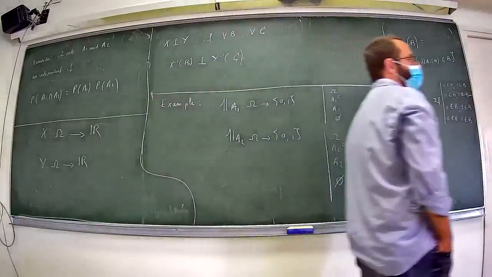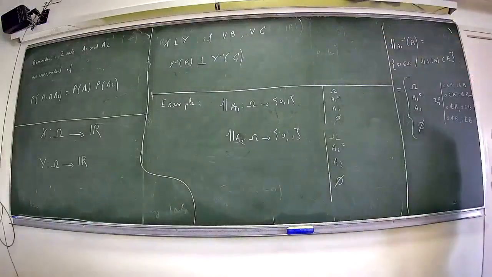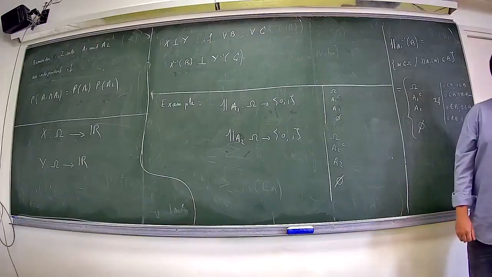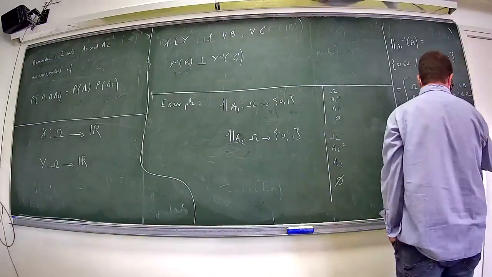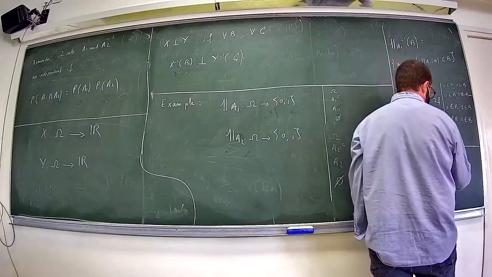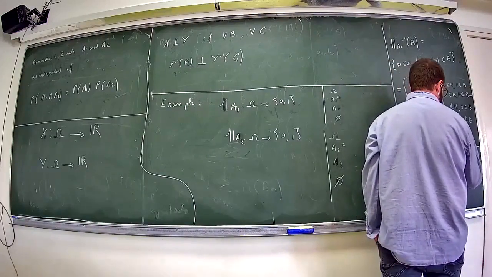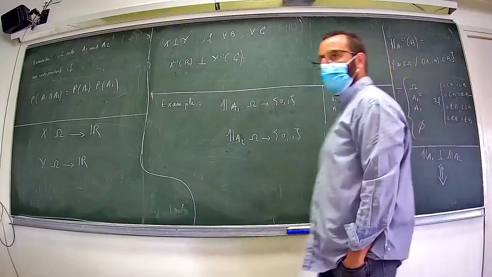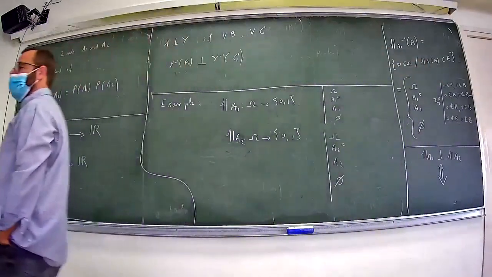Okay? And so, if you have understood what I have said here, in the case of indicator function, I can write it this way: indicator function of A1 will be independent of indicator function of A2 if and only if, do you have a basic assumption in order to ensure this?